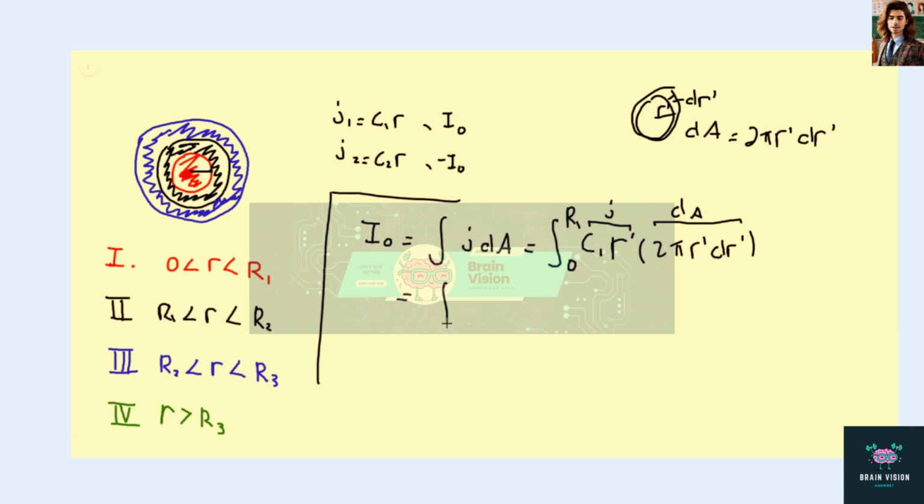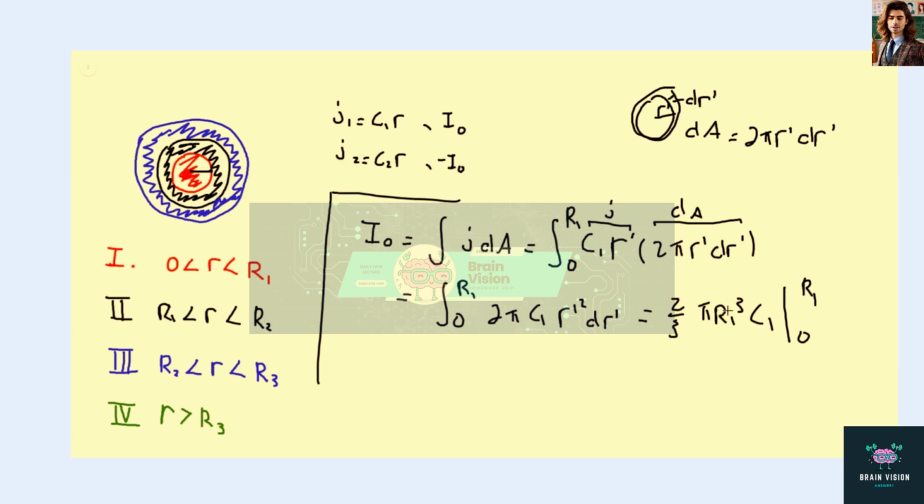It looks like we would have the integral out to R1 of 2 pi C1 times r prime squared dr prime. That should come out to be 2/3 pi R1 cubed times C1. I skipped a step here. We were evaluating this from 0 out to R1, but when we substitute in 0, we get nothing.